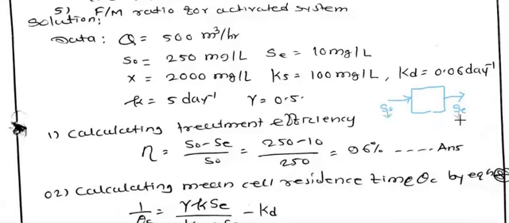The value of S0 is 250 and Se is 10. So S0 minus Se divided by S0 gives the efficiency. You get the value of 96%. It's simple.